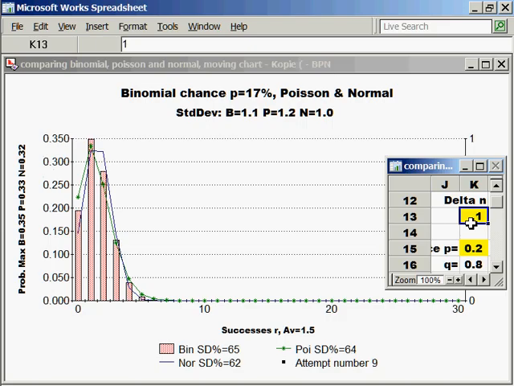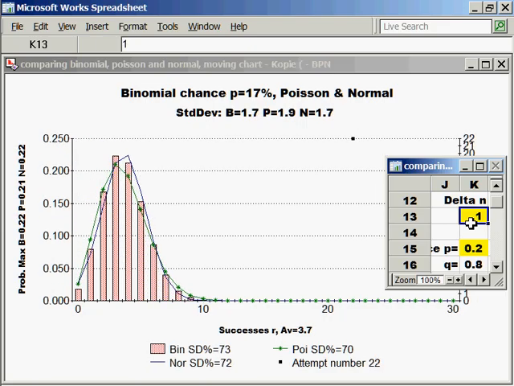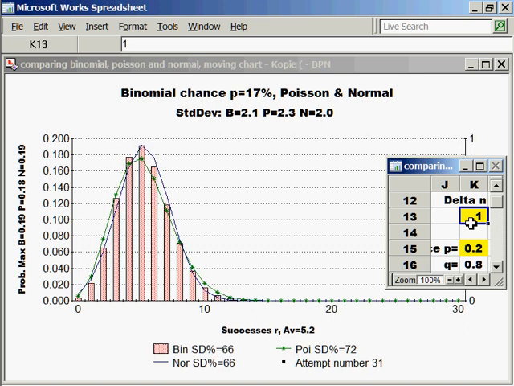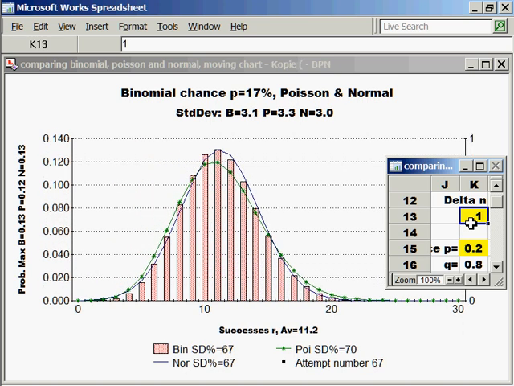There we go. And overall, there's much lower chance of getting a success rate. We have to have about 60 attempts to get an average of about 10.